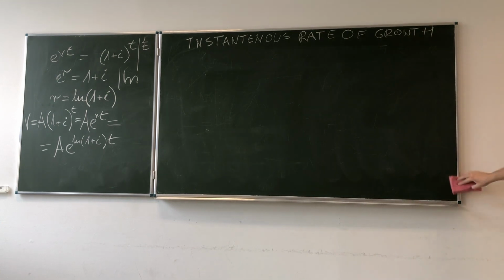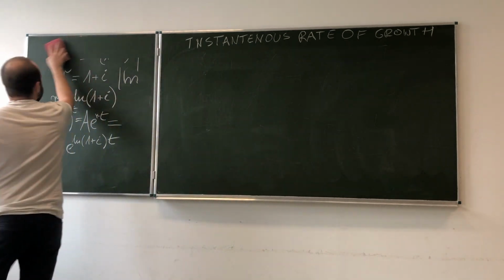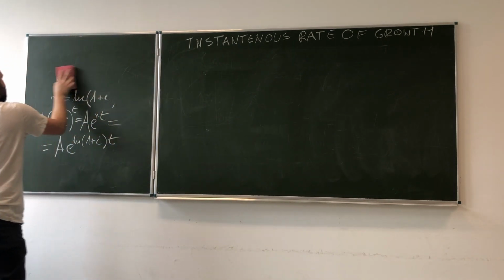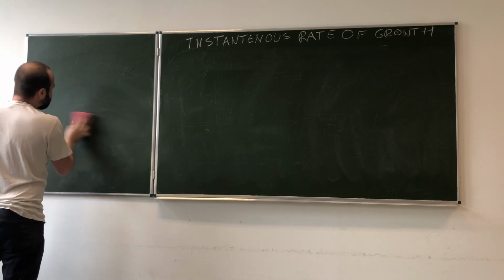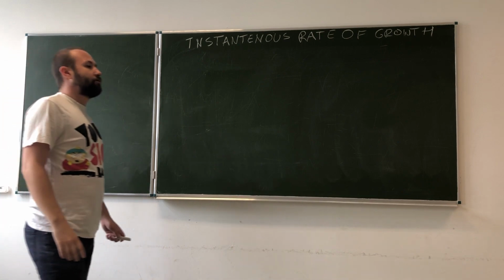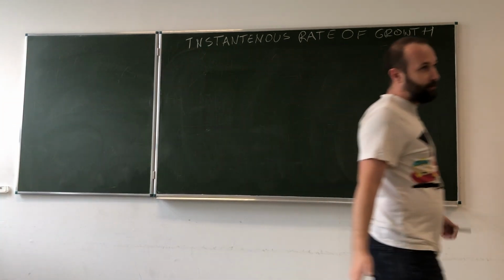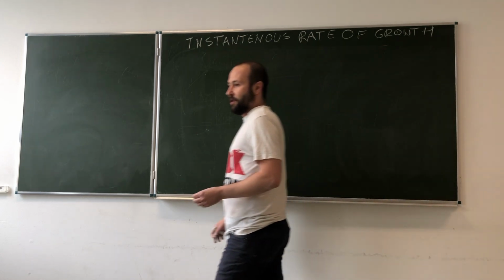You can look at it from a completely different perspective. Imagine that you've got a question. Would you prefer to get $10,000 today or $10,000 1 year from now? Well, I hope for everyone the answer is obvious. I want it now.